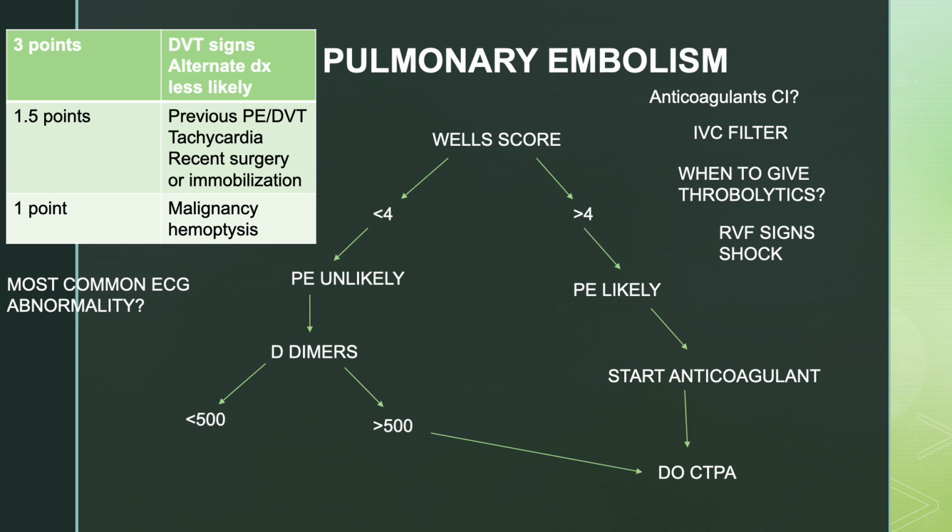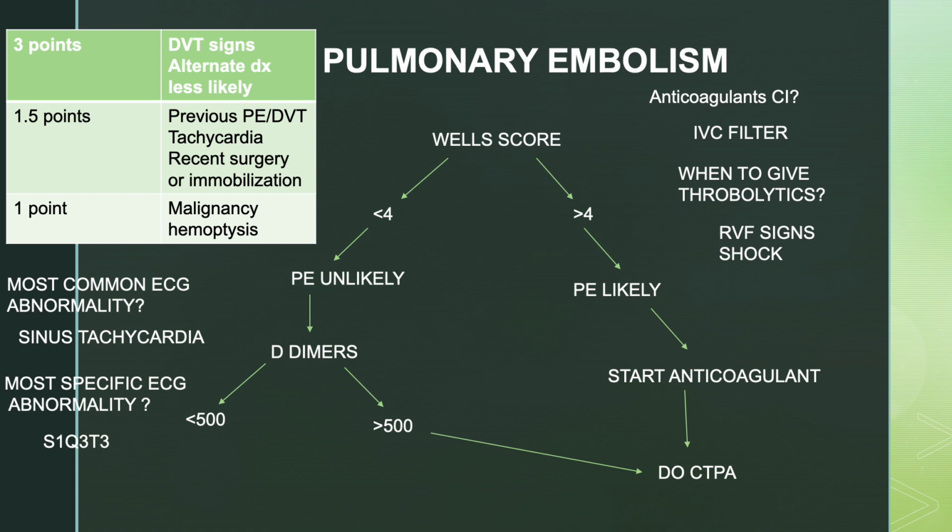Now, the question may also ask, what is the most common ECG abnormality? Remember, it is sinus tachycardia. Also, the question may ask about more specific ECG abnormalities. You have to pay attention to the question and what they are saying. It is S1, Q3, T3. So what is that? You're going to see an S wave in lead 1, a Q wave in lead 3, and an inverted T wave also in lead 3.